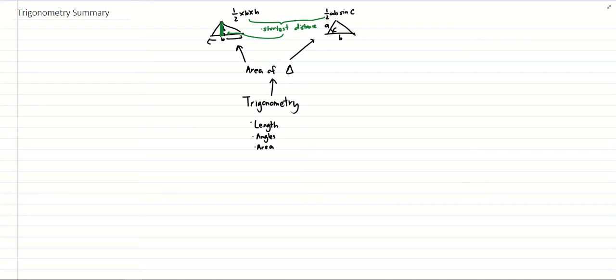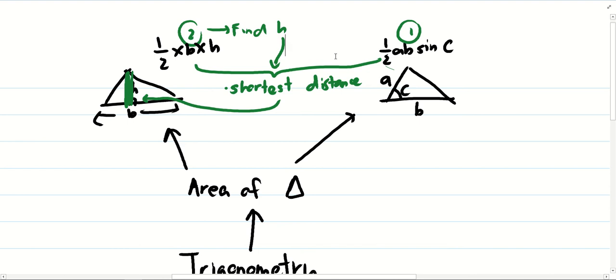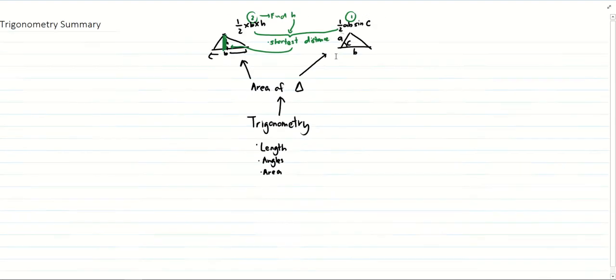So more often than not, you will probably have to find the area using half AB sine C first, and then after that equate this with this to find the height, and the height is simply your shortest distance itself. So that's for your area of triangle itself. I hope that's clear for you.